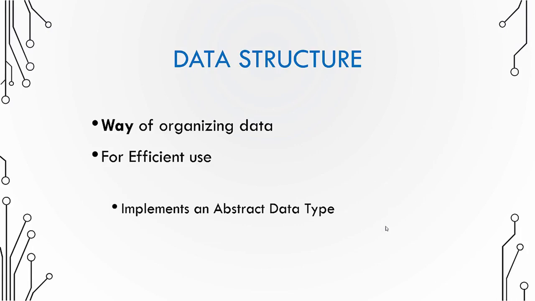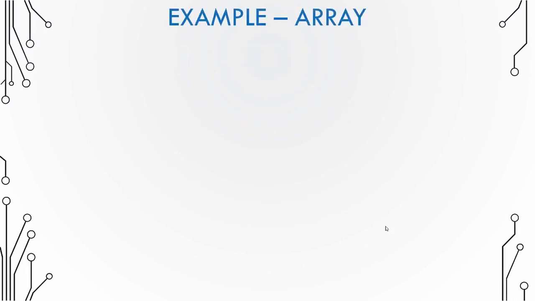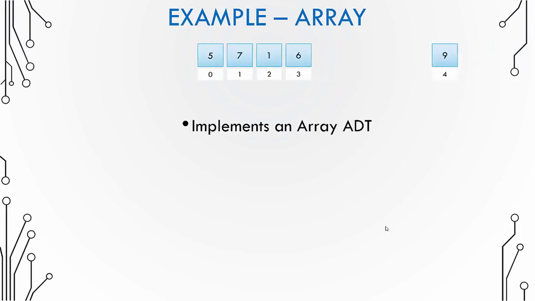Now let us take a look at an example of a data structure, an array. If you have some programming experience, you already know what an array is. The array data structure actually implements the array abstract data type. An array abstract data type specifies that the array is a collection of objects and any object can be accessed randomly.